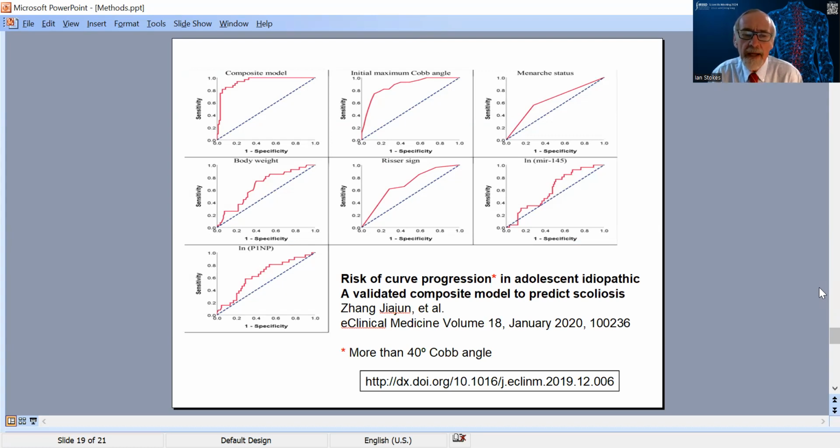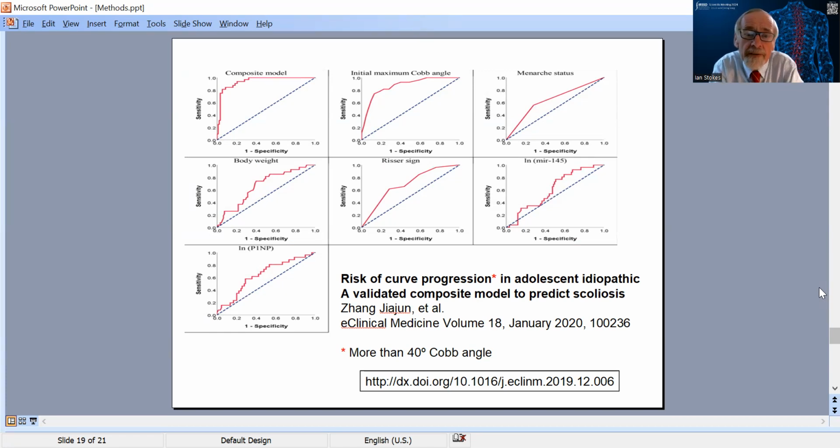Starting at the end, they incorporated 2 circulating markers from serum, measures of microRNA associated with bone metabolism, and they were useful in this model of predicting progression up to 40 degrees Cobb angle.